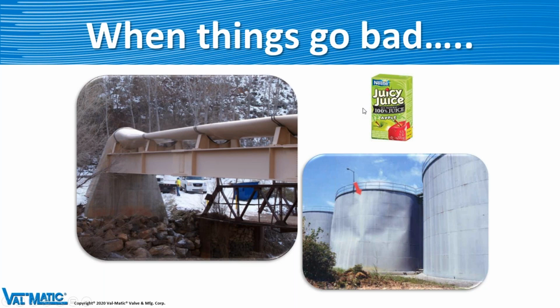But when it gets down to the bottom, they want to finish every little drop. So they keep sucking on that straw, and then all of a sudden that juice box collapses. It's the same thing. Or you could put your finger on the end of a straw and suck on it, and it collapses. And that's causing that vacuum, and that's what's going to happen.